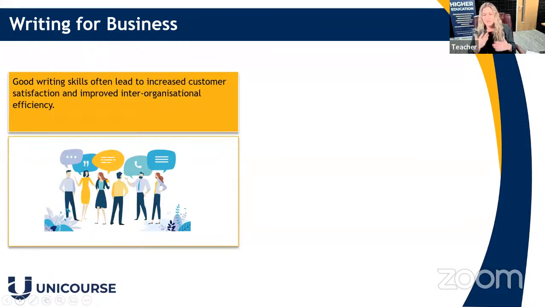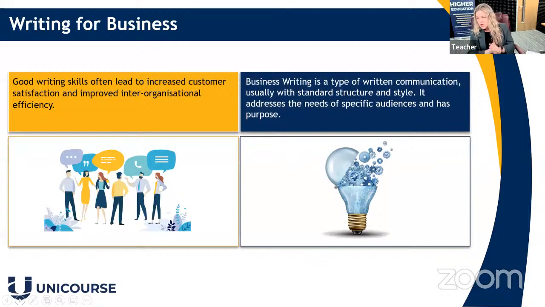It's important to have your brand, your logo, and the way that your organization is, portrayed through your business writing, whether that's more laid back and relaxed, or more formal. So it's a type of written communication, usually with a standard structure or style, and it addresses the needs of a specific audience and has a specific purpose as well.